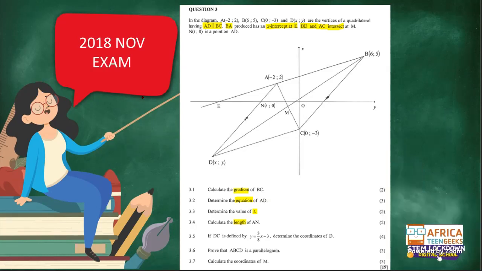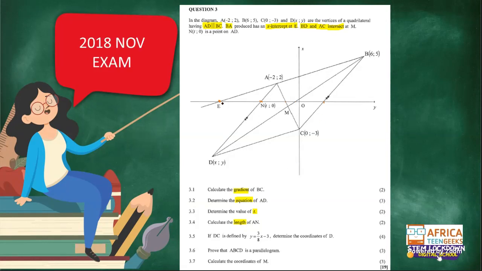So we have an x-intercept at point E, and we have another one at point N. So we have two x-intercepts, and we have another one here, here, and there.